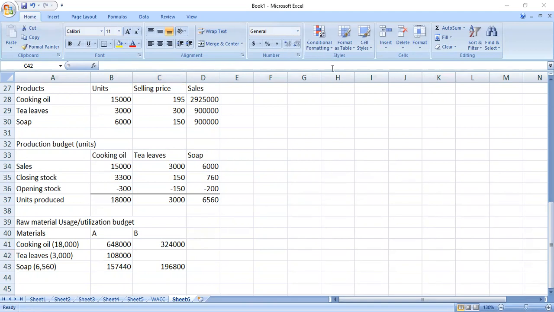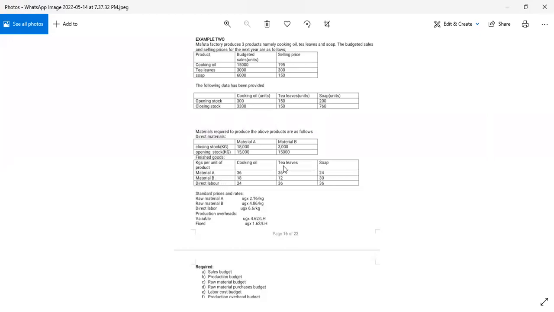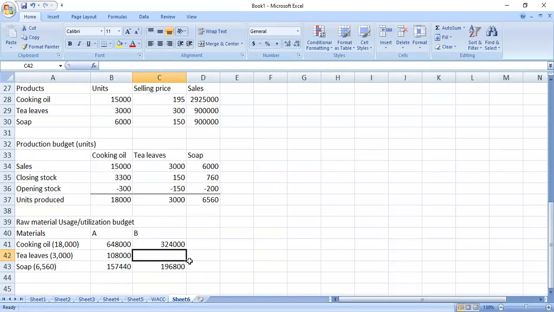You follow with the one I'm going to do now, which is material B. For tea leaves, we have 12 kgs of material B. We're using them to make 1 unit of tea leaves. So material B, we need 12 kgs for a single unit of tea leaves. How many units of tea leaves are we producing? 3,000. Hence 12 times 3,000.